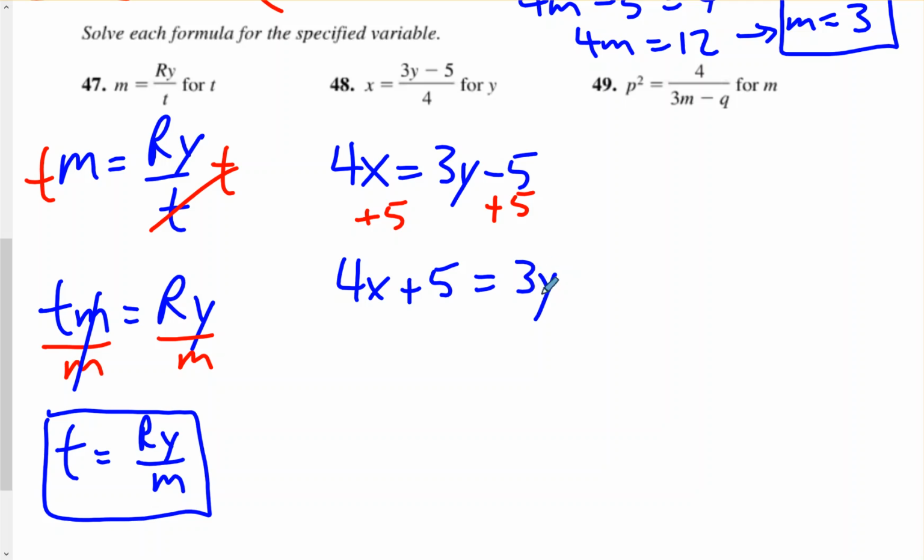And then last step, divide by 3. So you divide by 3, divide by 3, and divide by 3. So we end up with y equals 4/3 x plus 5/3.